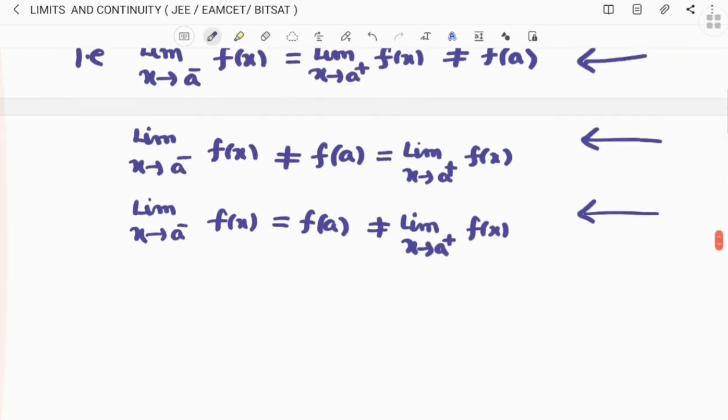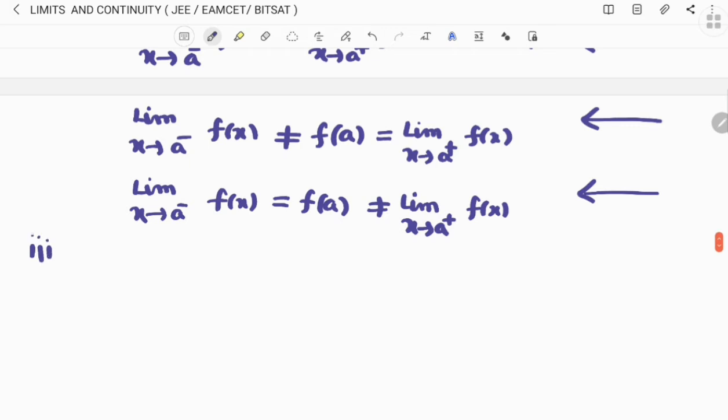And in the third case, the Roman numeral 3, f of a is not defined. F of a, we cannot define that.